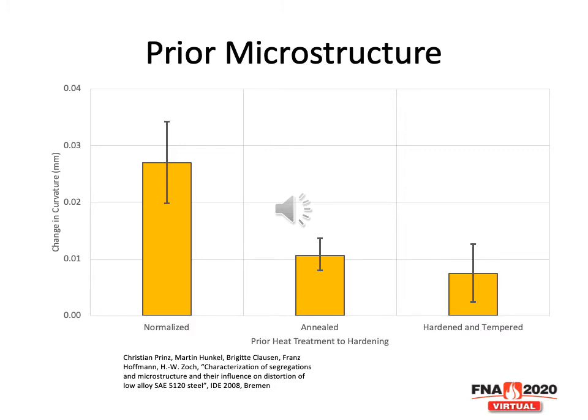This is actually from the International Conference on Distortion Engineering in Bremen in 2008. He noticed that just a single normalization would produce the largest amount of distortion, and that by progressively refining the grain, either through annealing or hardening and tempering, they would be able to substantially reduce the distortion occurring.